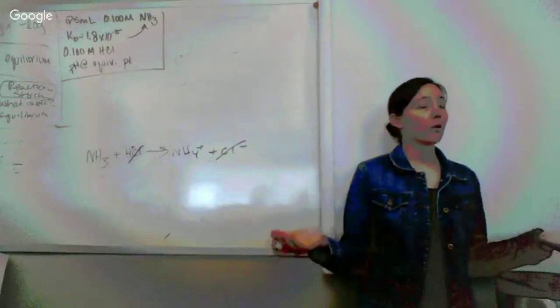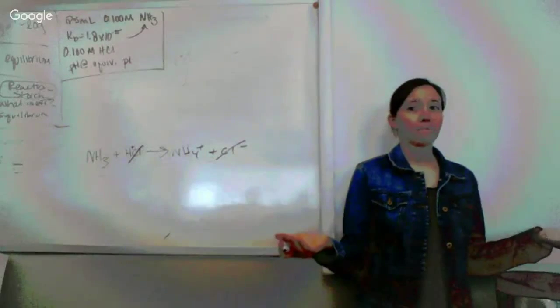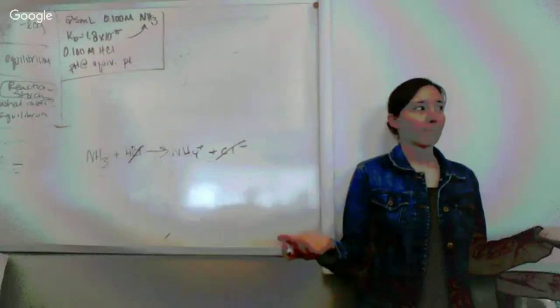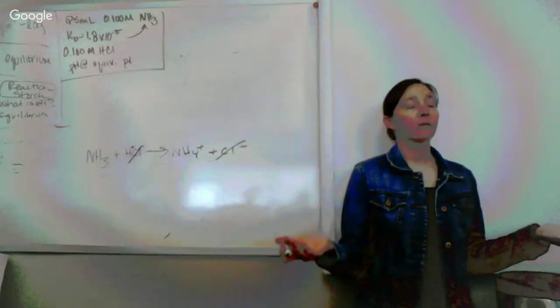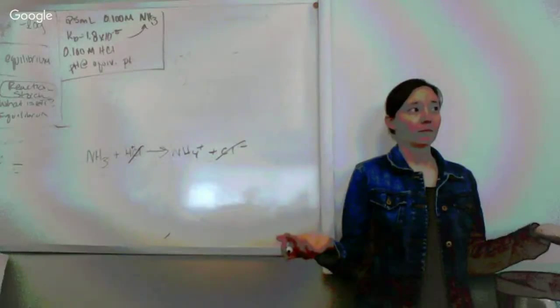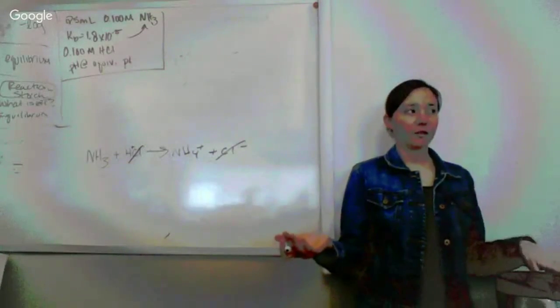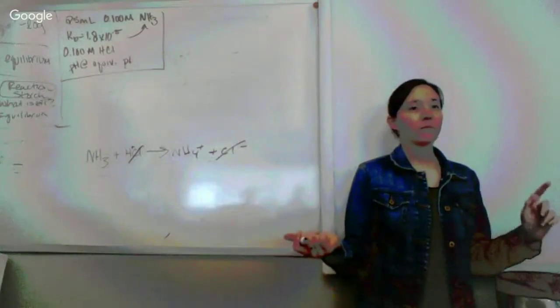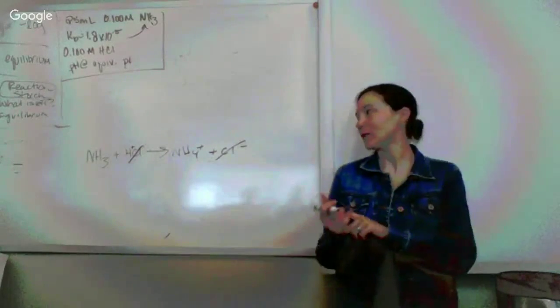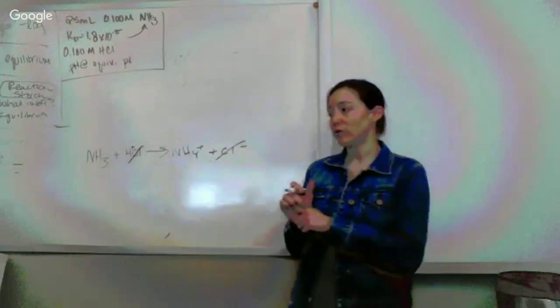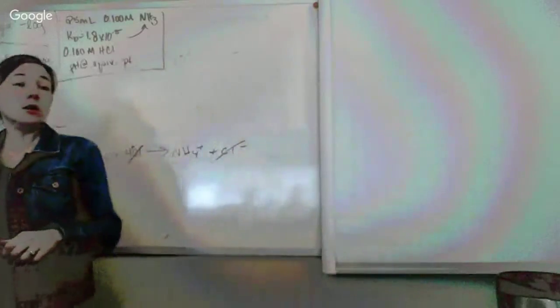Okay, so what do I need to know? Molarity. Okay, so does molarity or moles go into an ice table? Molarity goes into the ice table. So I have to know moles here. Do I know my number of moles of NH3? No, but I do know my molarity.